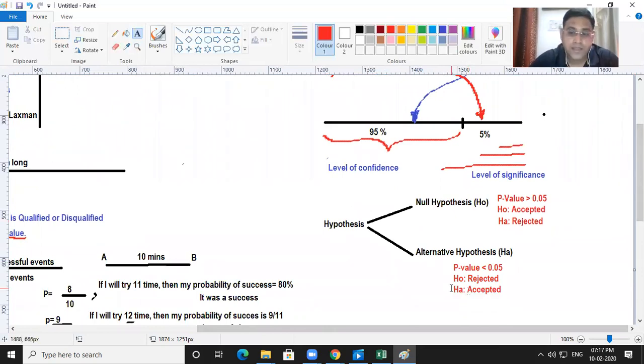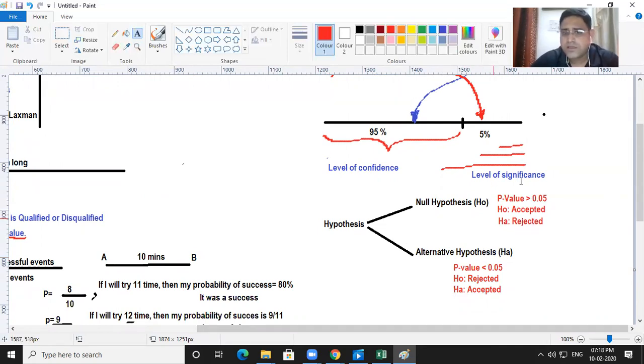And that is why my alternative hypothesis got accepted, that I don't believe you and you can't. You are just saying it in the air, and it is proved that you cannot do it. Getting the point? So this is the null hypothesis and alternative hypothesis.